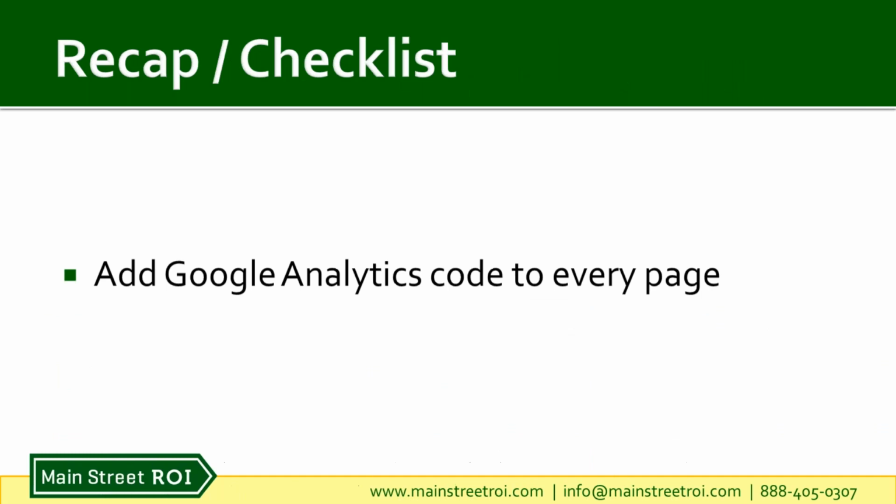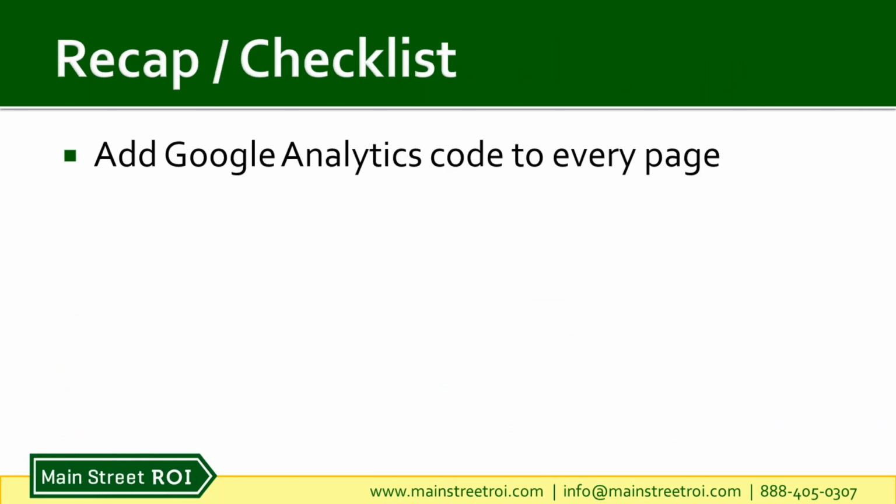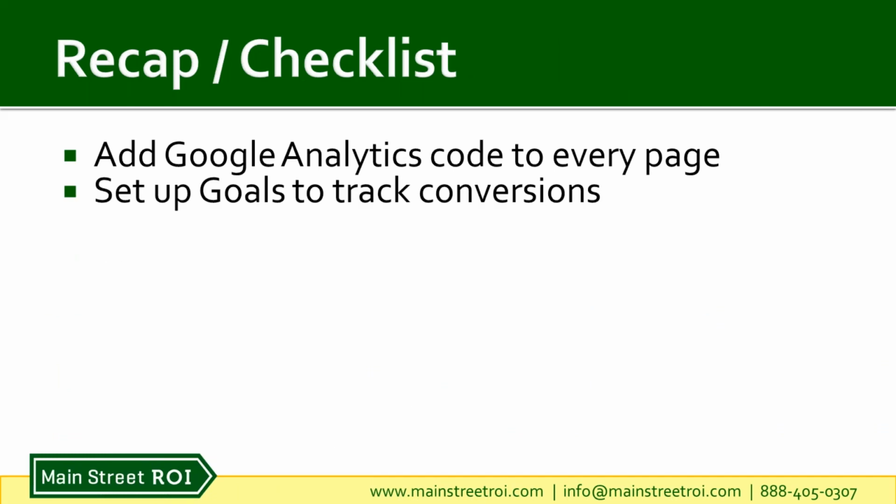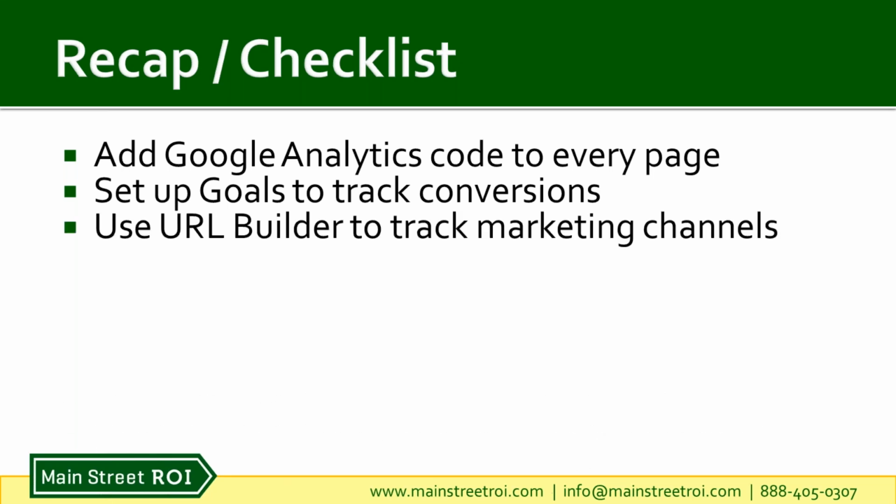All right, so a quick recap of what we just went through. We talked about, first and foremost, adding the Google Analytics code to every page. That's obviously important. Then setting up goals so you can track not only traffic, but also conversions from that traffic. And then we talked about the URL builder so that you can track different marketing channels accurately.